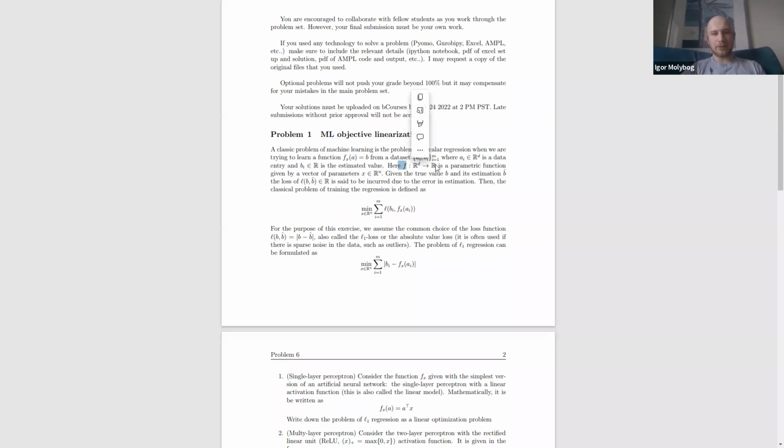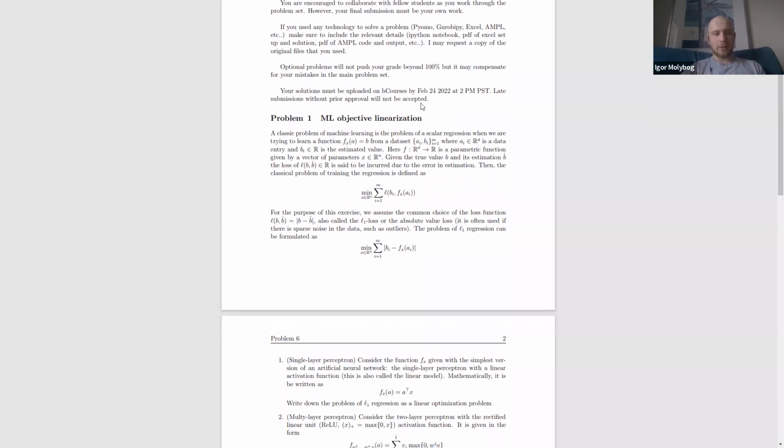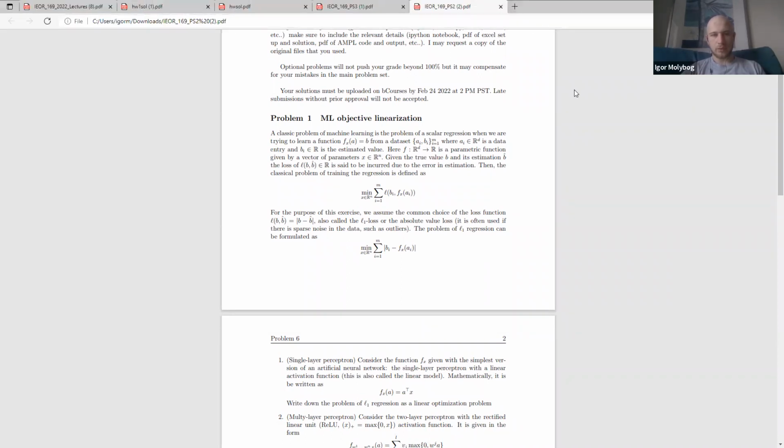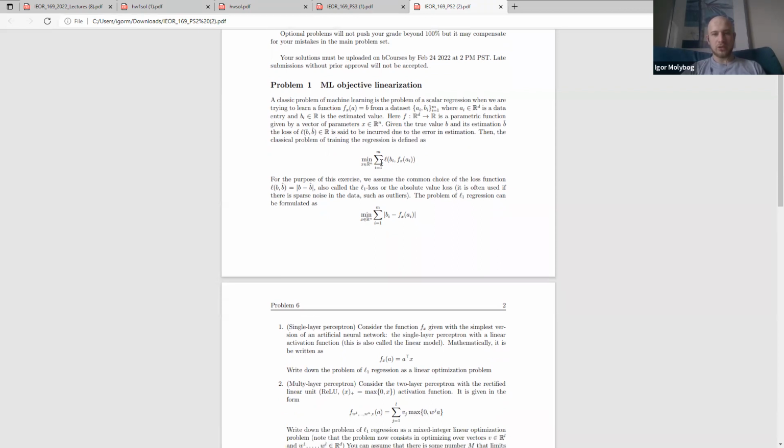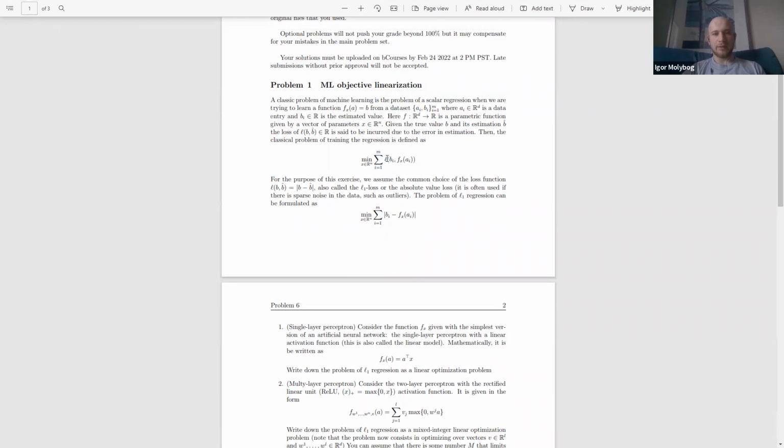And f is a parametric function given by some vector of parameters x, and we are trying to estimate this vector of parameters x from this data set (a_i, b_i). Any questions regarding this? I guess you're all familiar with this problem already. So the classical problem of training the regression is defined as a minimization of a summation of a loss function L(b_i, f_x(a_i)).